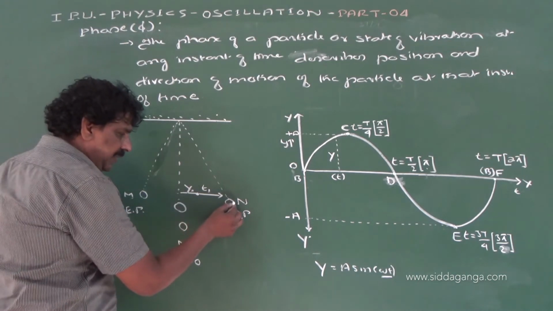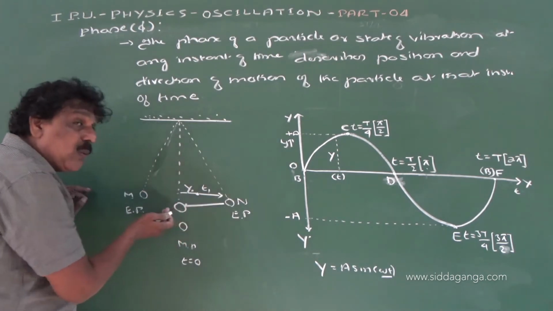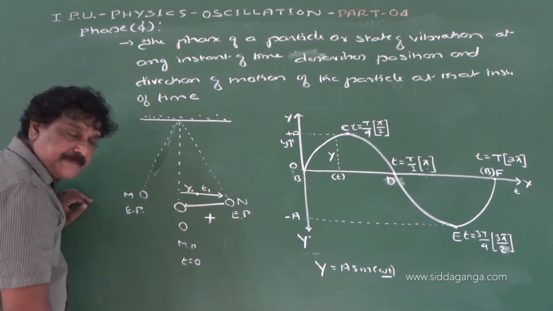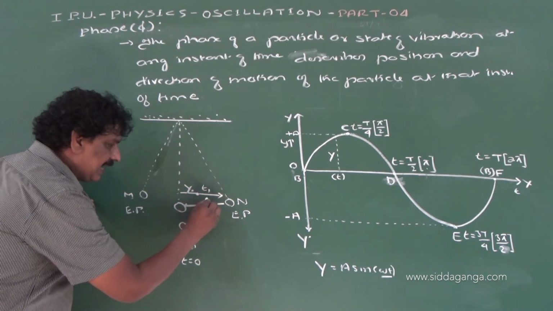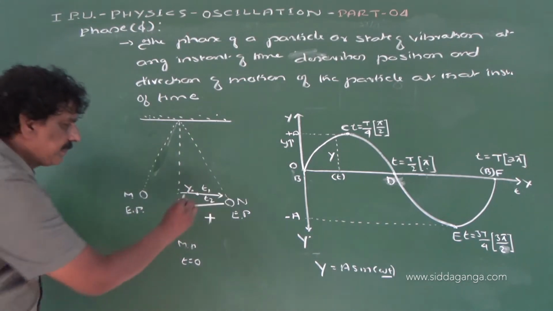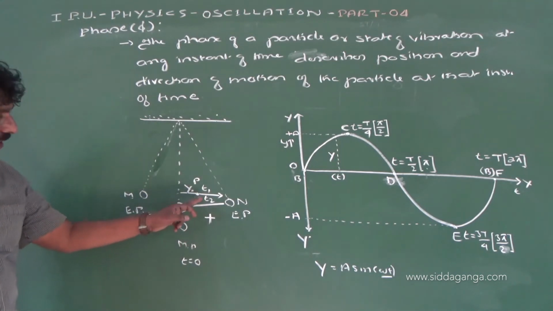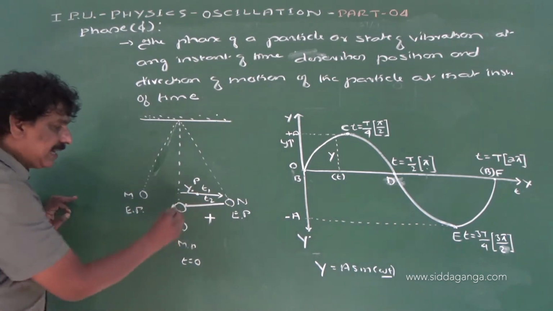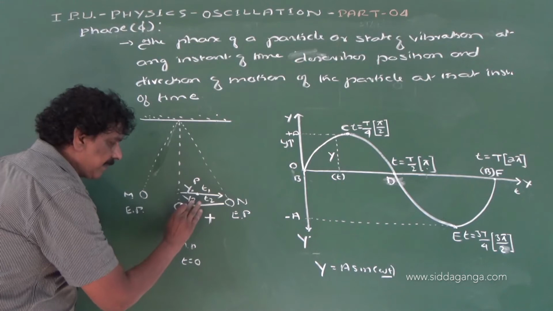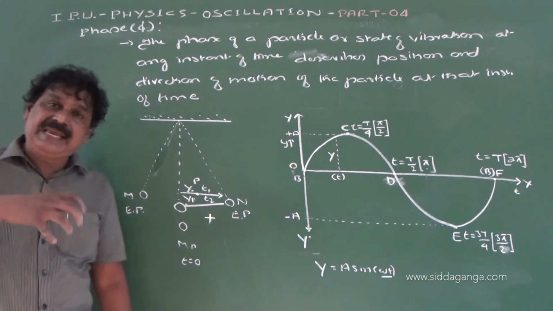Now, as it moves to N and returns back to O, the particle again reaches the same point P after time t2 while coming back. Now it has the same displacement y1.